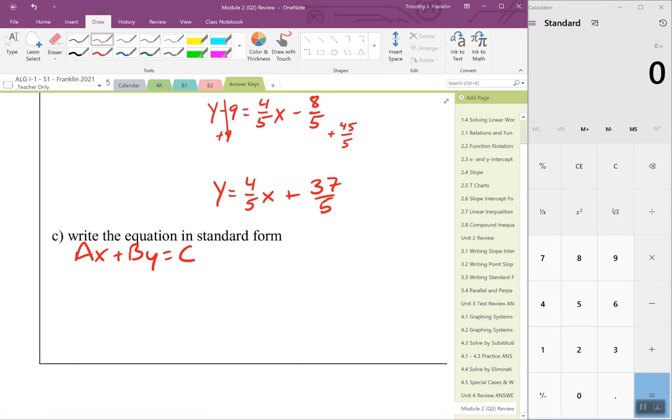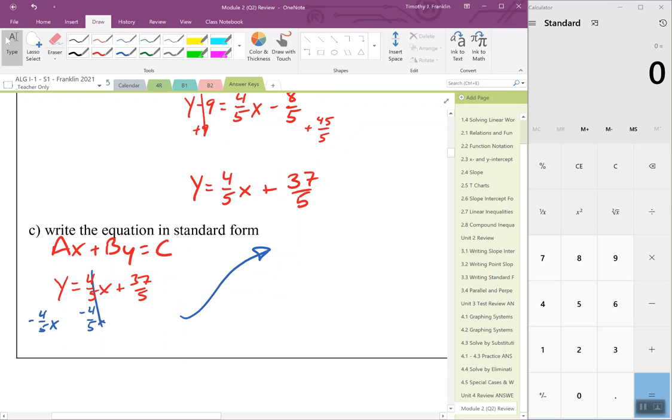So we're going to take this y equals 4/5 x plus 37/5 and move the x term, so minus 4/5 x here, to the other side. So that's negative 4/5 x plus y equals 37 over 5.